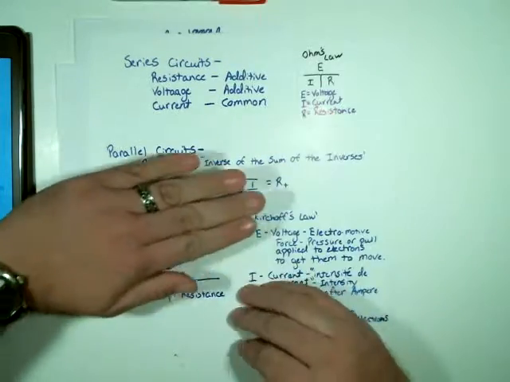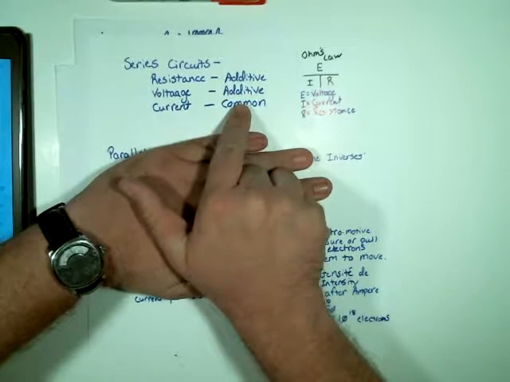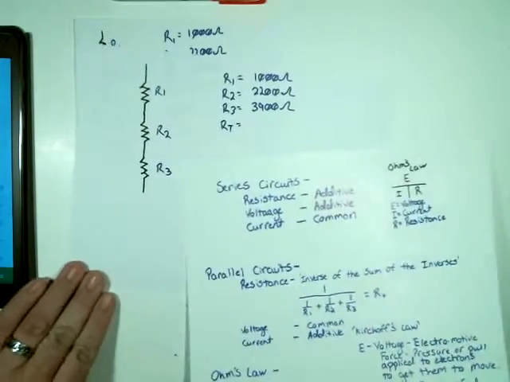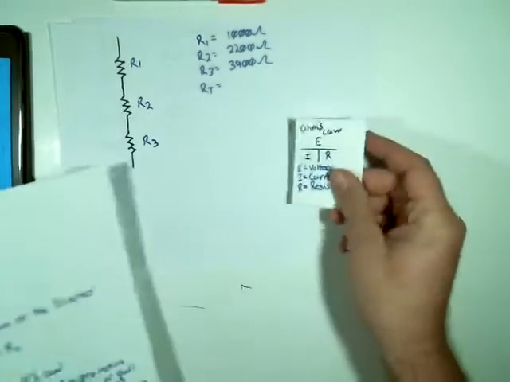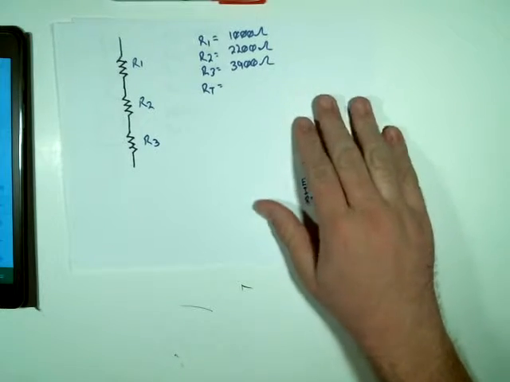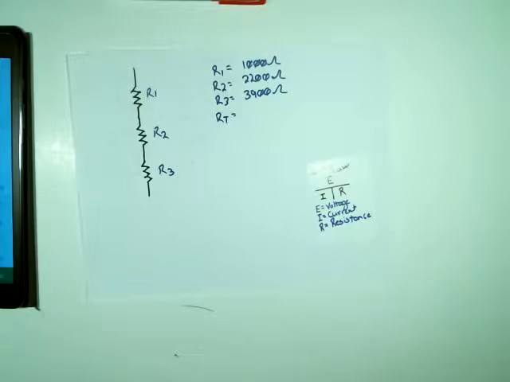So, from our notes, remember resistance is additive, voltage is additive, and current is common. So, let's go ahead and just look at these three resistors and see how we're going to get the total resistance of this.